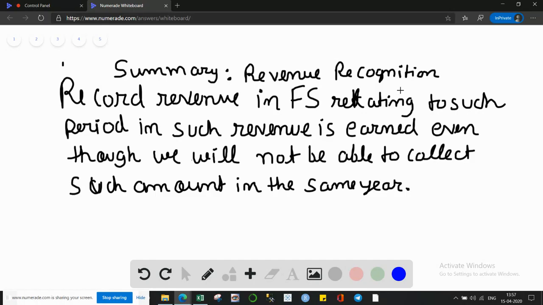One will understand that even though the goods have been supplied, services have been supplied, and the amount has not been received yet, the entity will record such revenue in the financial statements. And even if the amount has been received, but the goods or services have not been supplied, then such amount also will be recorded in the financial statements.